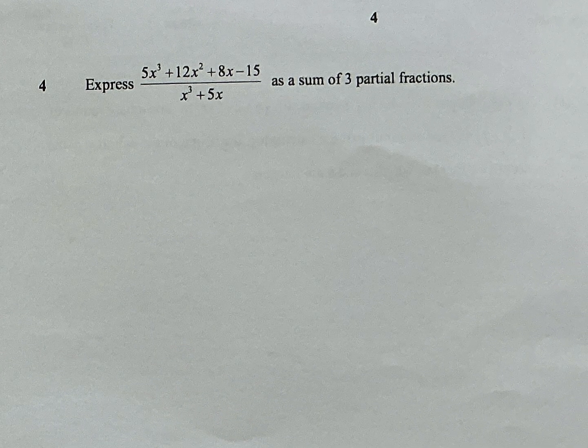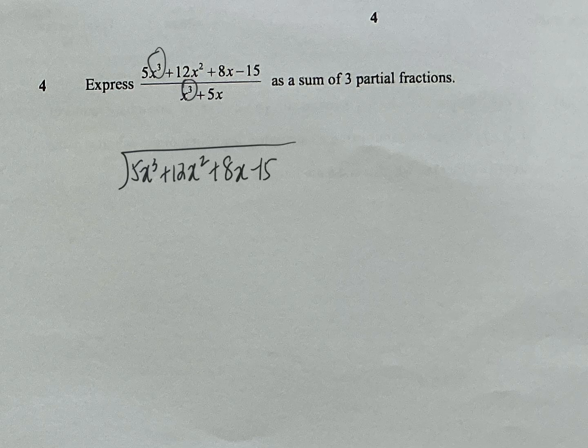Okay, this one. First thing, the degree is the same. So must do long division first. So this is the first step. If you don't do long division, you are going to lose big. So always check if it's proper or not. If it's improper, please go and do long division first.